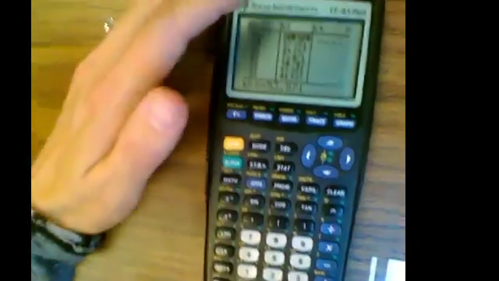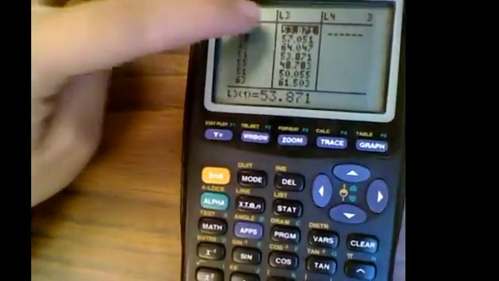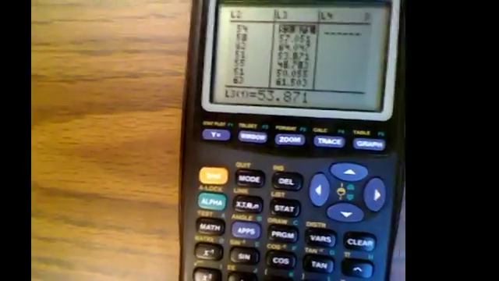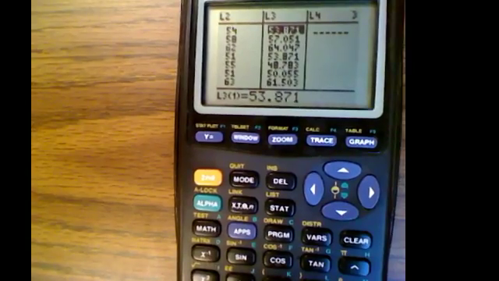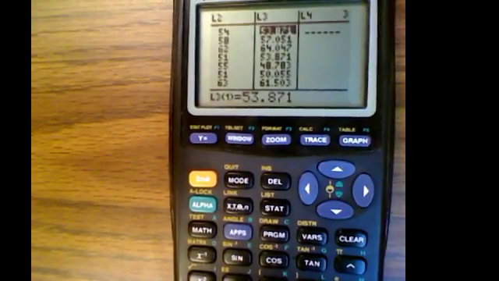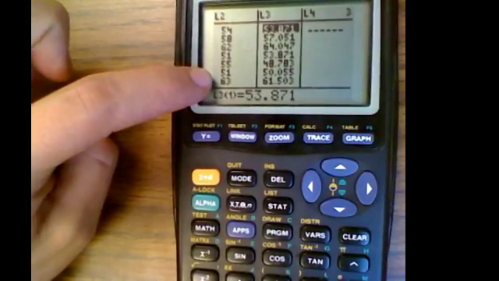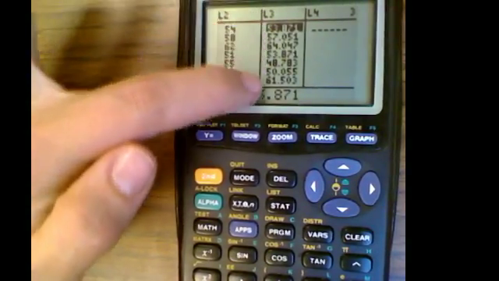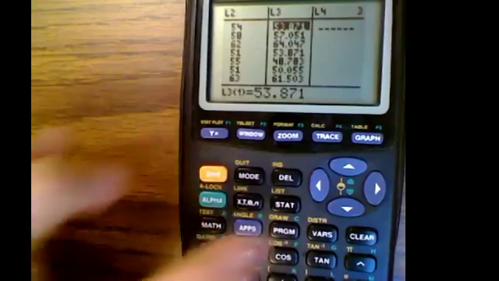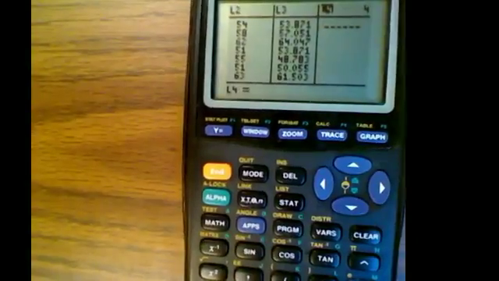When I hit enter, you can see this list populated with all of my predicted y values. Now I have my actually observed y values, and I have what would be predicted if I used my prediction equation. So now let's find your residuals.